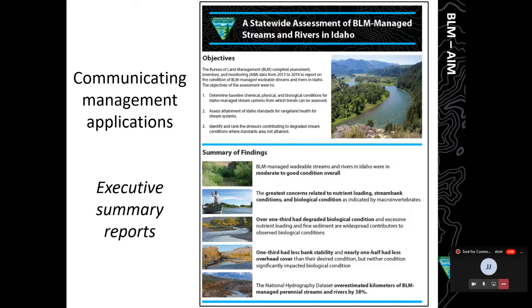It includes objectives such as determining baseline conditions, assessing the attainment of land health standards, and identifying stressors and degraded conditions. One of the key aspects of the summary is that it highlights a summary of findings, which includes overall conditions found from the data collection and reporting, the greatest concerns, so what the stressors are, and the amount of degraded conditions and what they are.